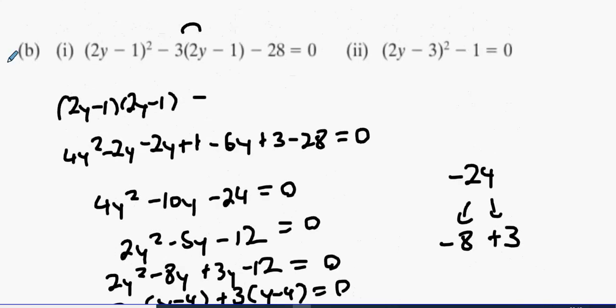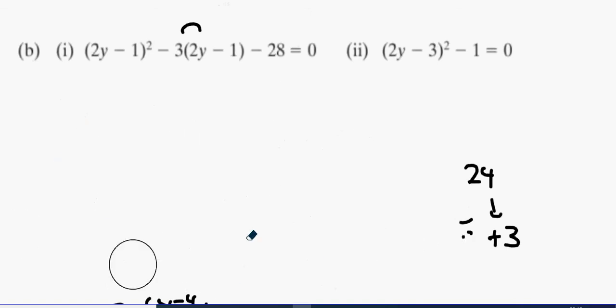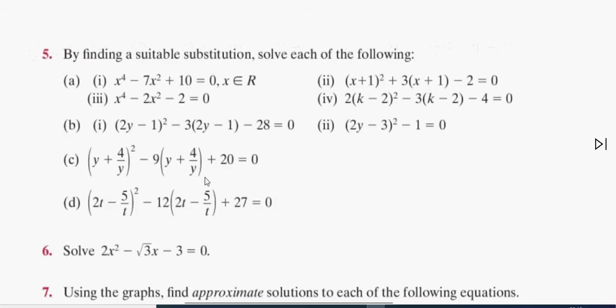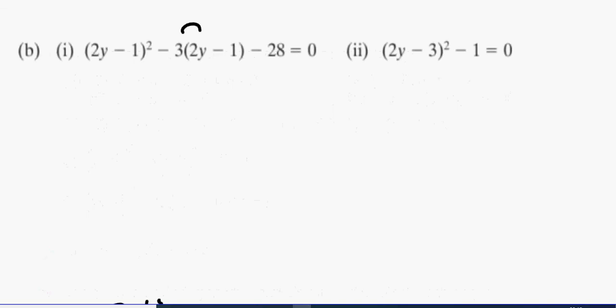Right, now I'm going to do the lazy way, or the smart way. What's the description of the question of interest? What does question 4 actually say? Find a suitable substitution. Did we use any substitution there? No, so here's what I'd say.